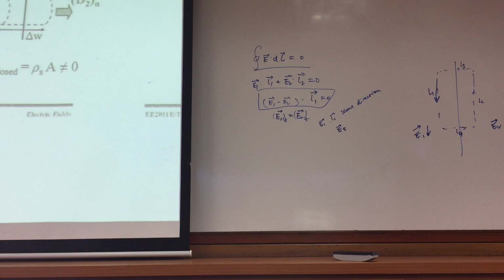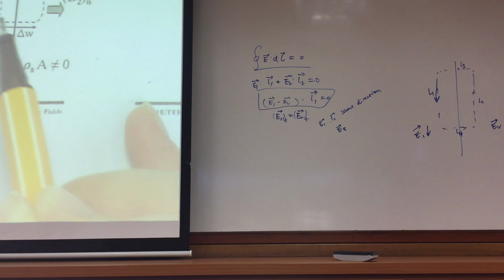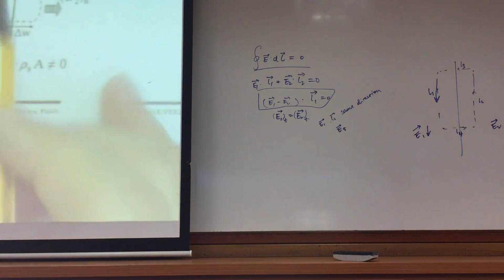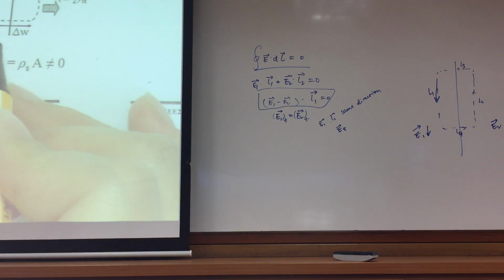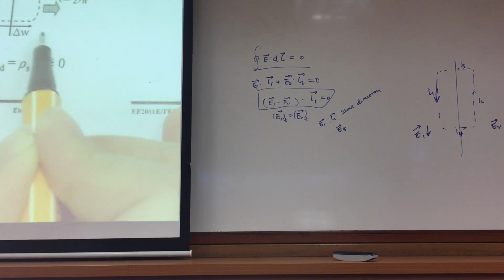How can I interpret this? You have a boundary, and this is the D1 area, and this is the D2 area. D1 normal is in this direction, and D2 normal is in this direction.